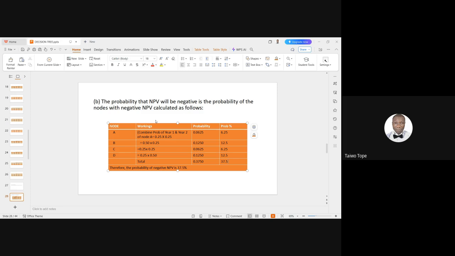When we talk about joint probability, we take the probability of A multiplied by the probability of B. It takes me back to my secondary school days.